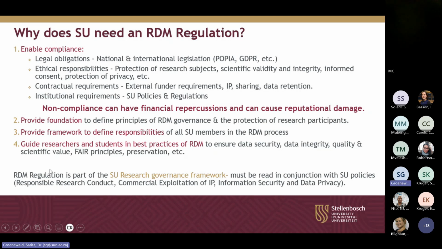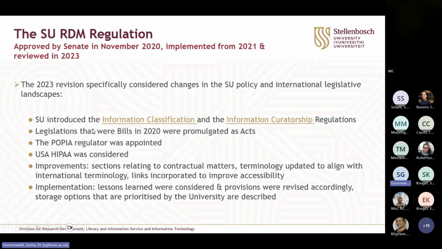So the regulation is part of the Stellenbosch University Research Governance Framework and must be read in conjunction with these policies. So there are several policies that we refer to in the regulation. And as I said before, there's also a list in the last section where people can access these relevant regulations and policies.